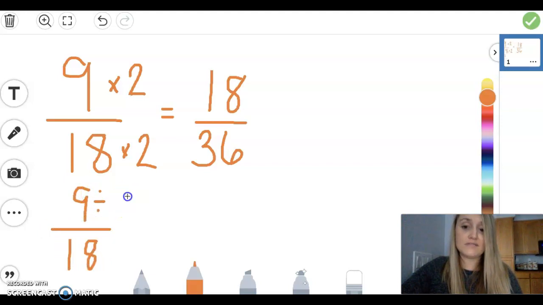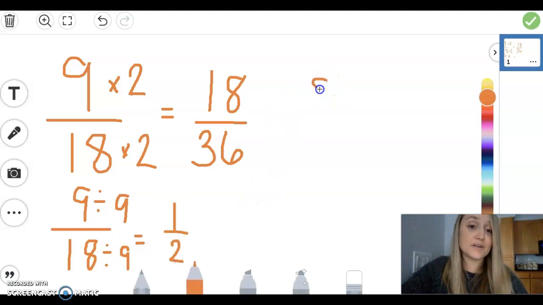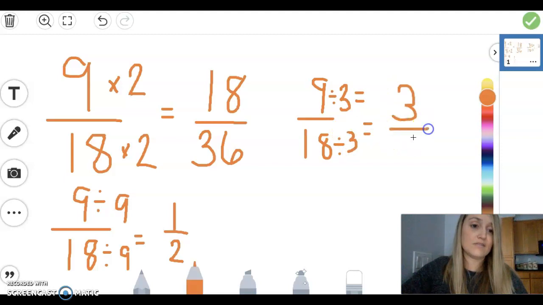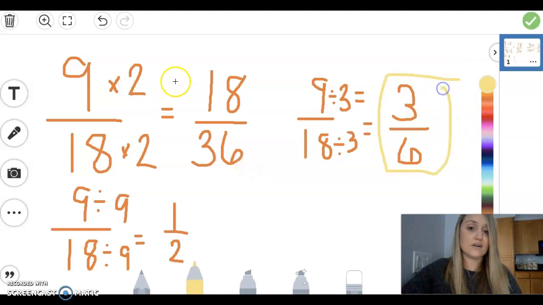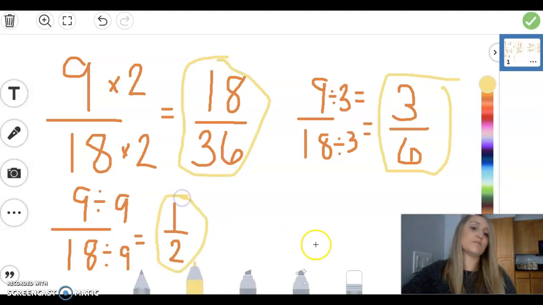If you divide by 9, which they both have in common, you would also get 1/2. Now another one you could do is, they also both have 3 in common. So if we divided by 3 on both the top and the bottom, then you would get 3/6, okay? So these here are all equivalent fractions to 9/18. Any of those would work.